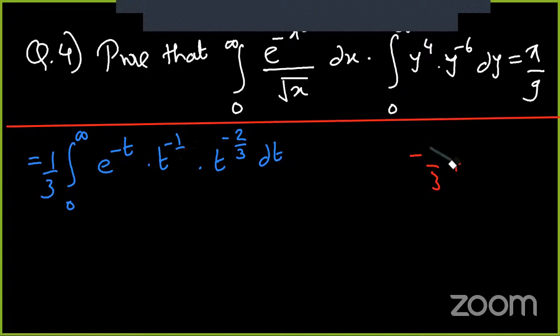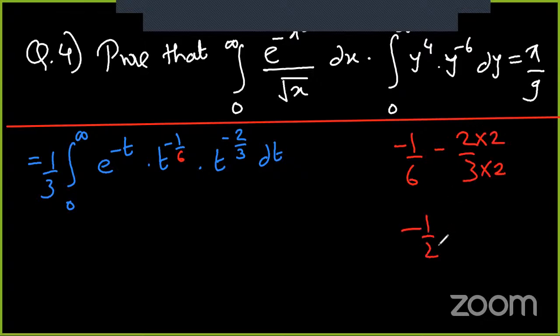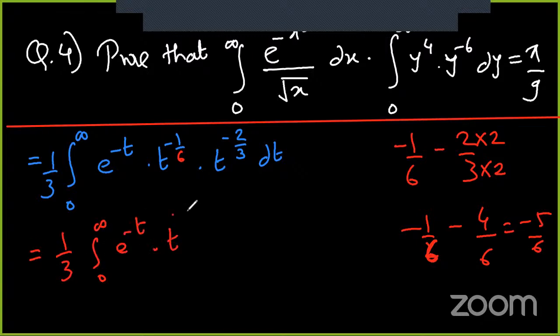So if I added minus 1 by 6 and 2 by 3, what will we do? Here we should get 6, so we'll multiply by 2. So minus 1 by 6, minus 4 by 6. It's minus 5 by 6. Okay, so what is your answer? 1 by 3, 0 to infinity, e raised to minus t, t raised to minus 5 by 6 dt.